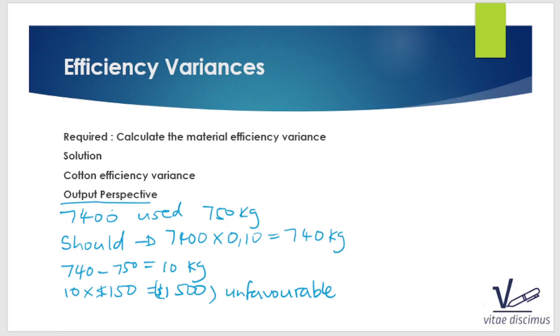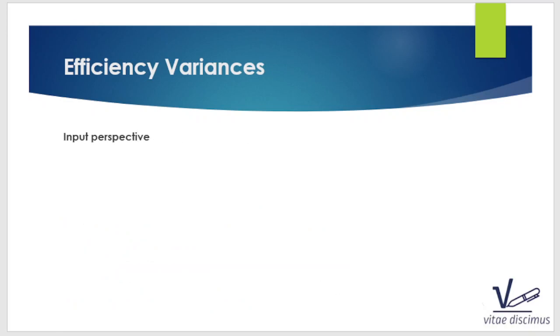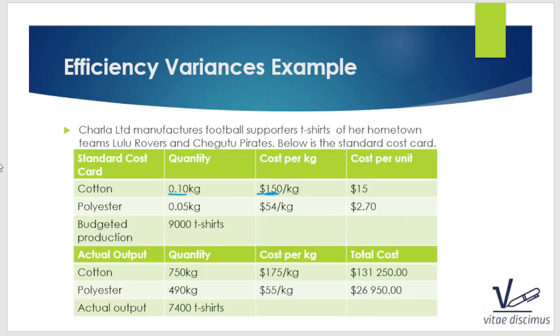Then we want to also look at it from an input perspective. In terms of input, 750 kilograms were utilized, and each t-shirt is supposed to use only 0.10 kilograms of cotton.